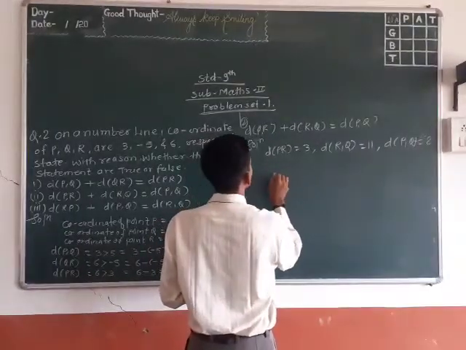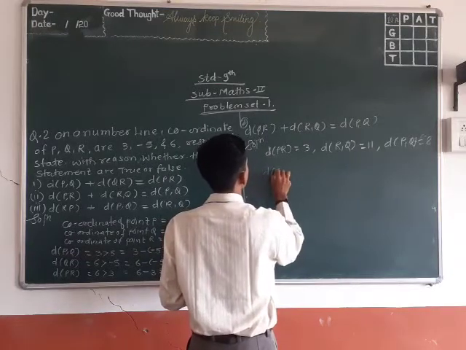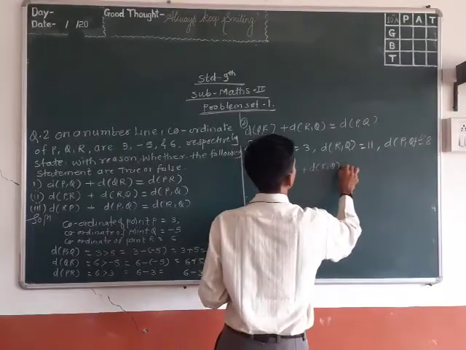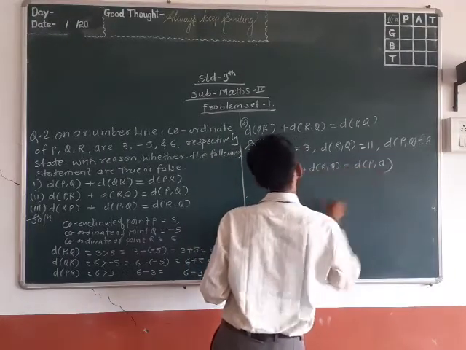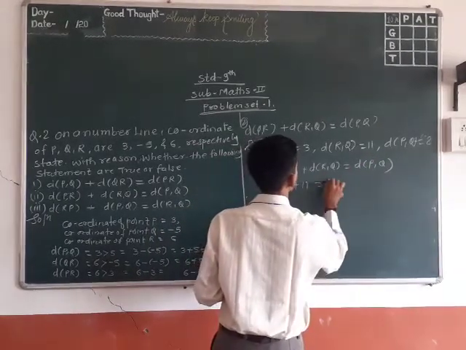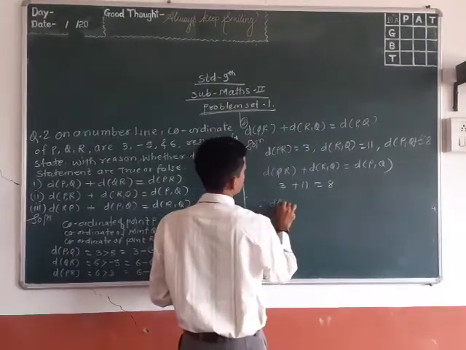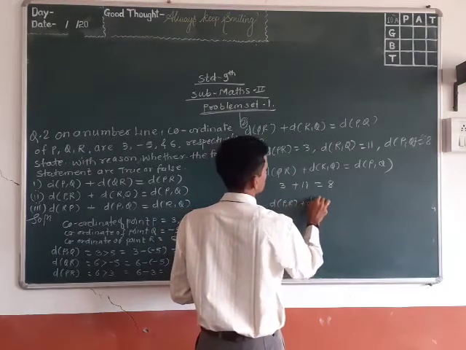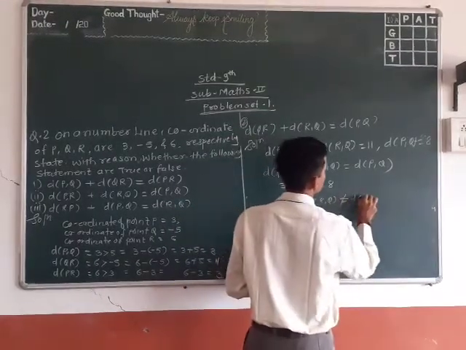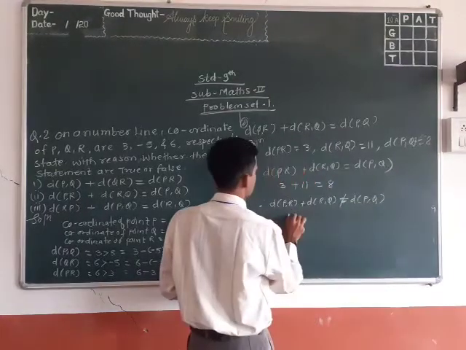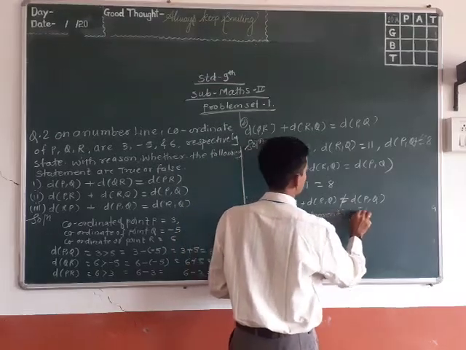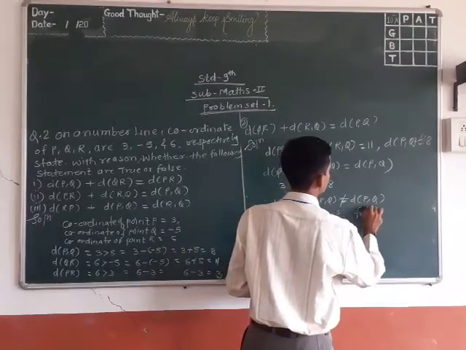Substituting values, 3 plus 11 is not equal to 8. Therefore distance PR plus distance RQ is not equal to distance PQ. The statement is false.